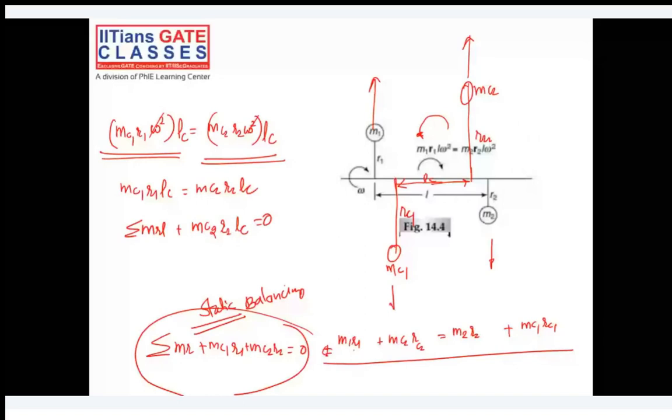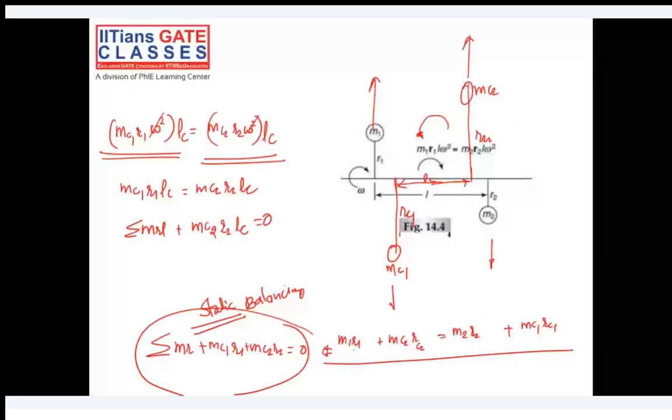For rotating masses it's quite simple, and most of the time I expect that if they are asking from this chapter, ideally there are very few questions. If you see previous year papers from this chapter, even if they ask, they will mainly ask from the rotating masses itself. So with this knowledge you should be able to solve it.